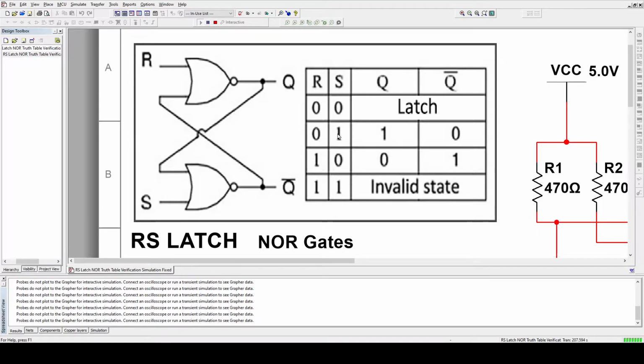And if we bring this S to 1, the set to 1, and the reset is to 0, the latch is going to give us this result. Q is going to become 1, and the not Q, of course, is going to become 0. And then when we go back, nothing is going to change. Sometimes it's going to be listed as previous state. All right, so it's the same thing. It's going to latch onto that.